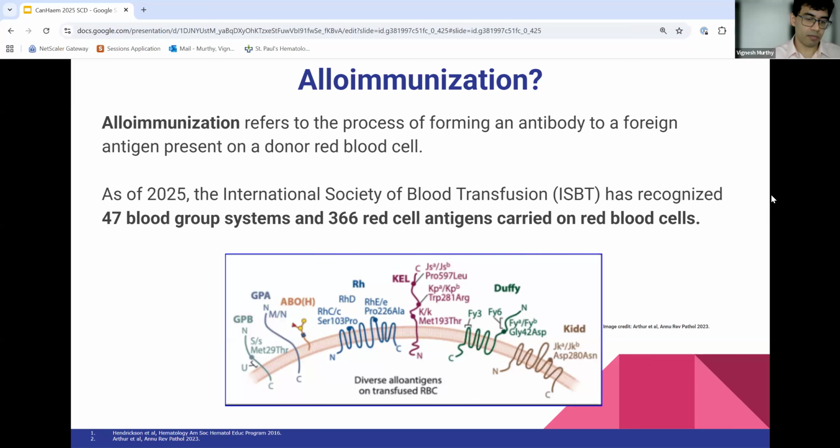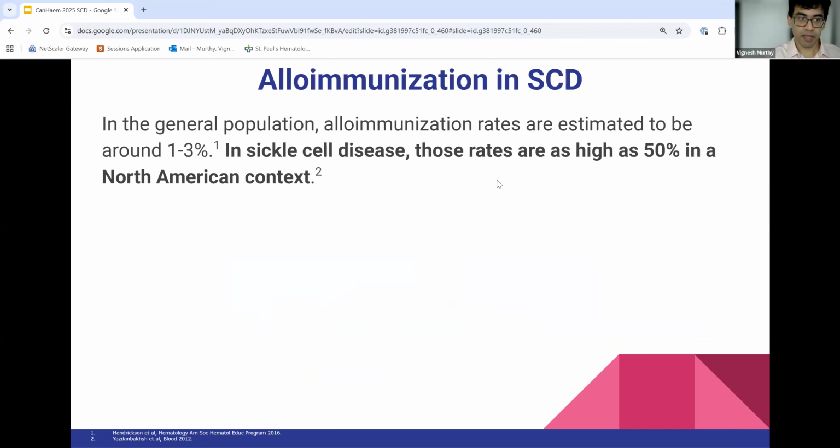Our basic routine matching covers ABO and RH, and in sickle cell, we do recommend extended matching for all the other RH antigens as well as Kel. But the reality is there's still a number of antigens that are not necessarily matched for in transfusion. In the general population, as you might expect, anyone can form an antibody to a foreign antigen, and that's around 1 to 3%.